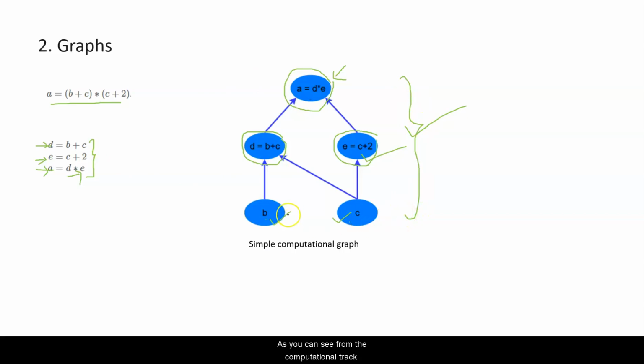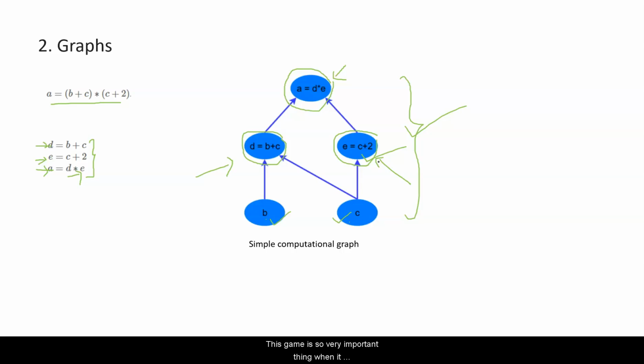As you can see from the computational graph, two of the computations, which are D = B + C and E = C + 2, can be performed in parallel. So by splitting this computation across the CPU or GPU, this can give us a significant gain in computational time.